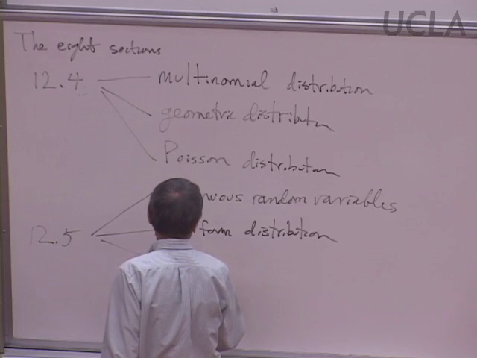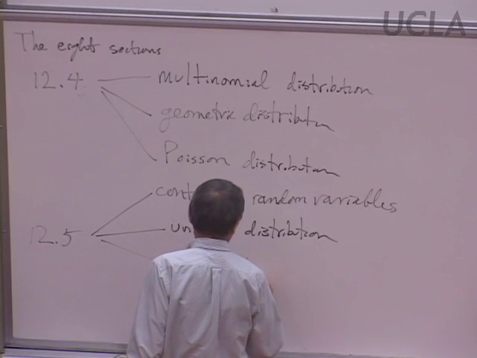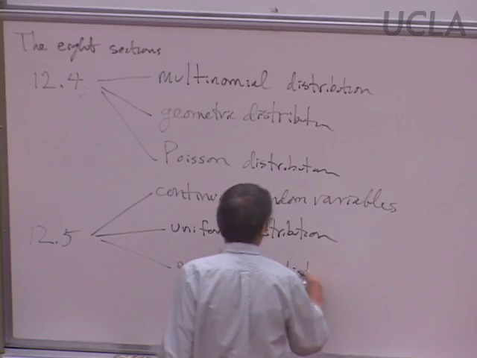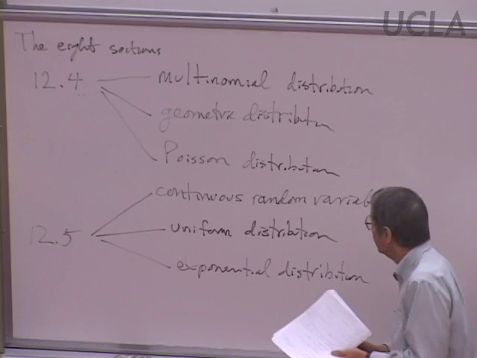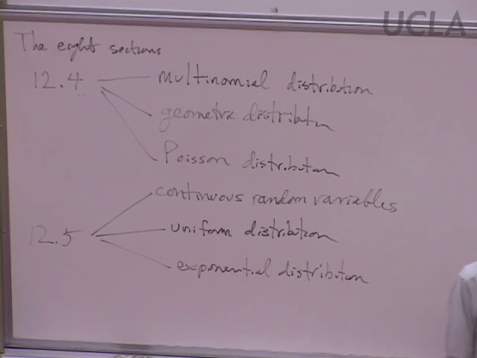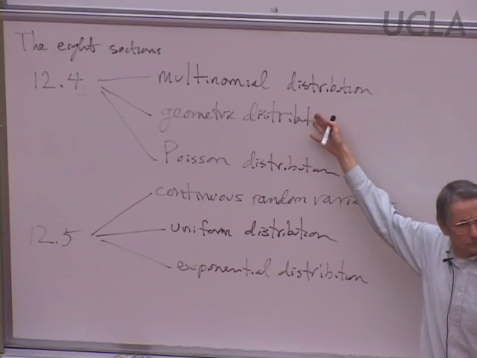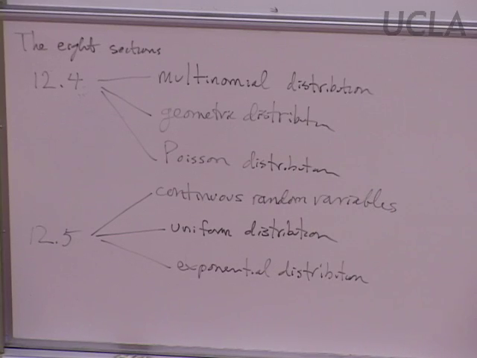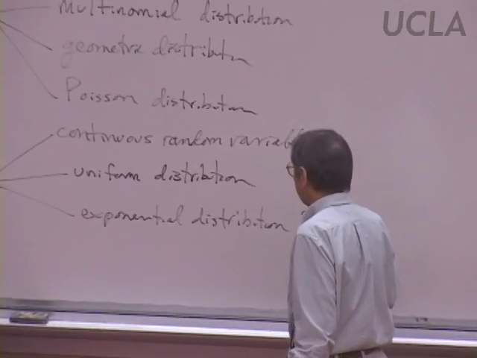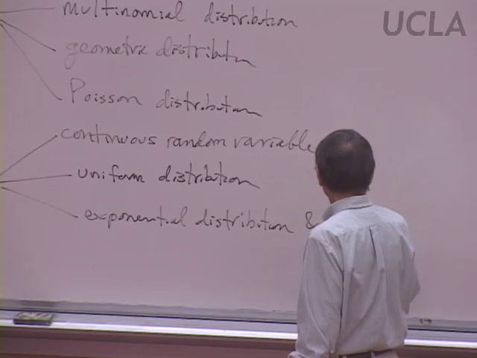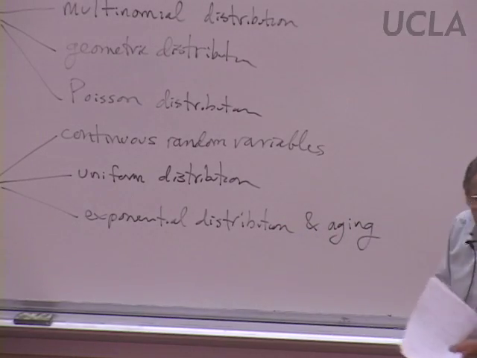The exponential distribution. This can be viewed as the waiting time to the first hit in a Poisson process. Like the geometric distribution is giving us a waiting time for Bernoulli trials. And then we talked about modifying the exponential distribution if the hazard rate changes with time.